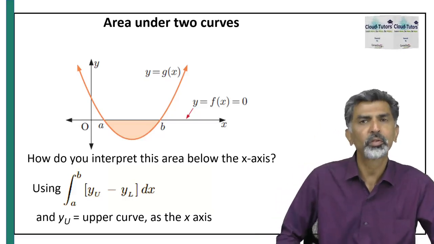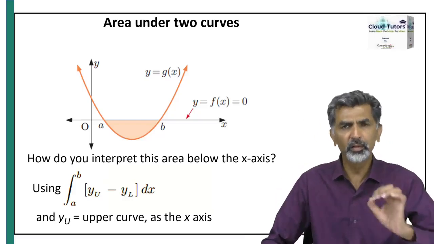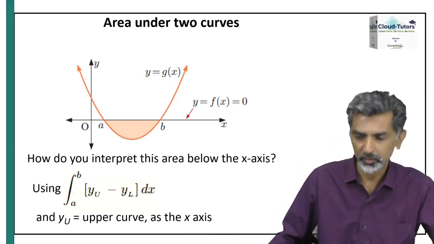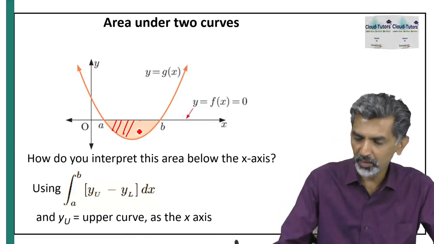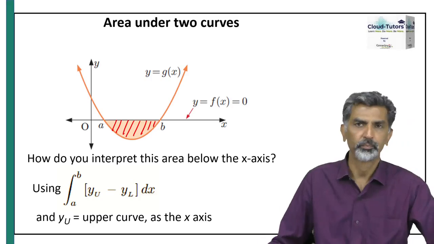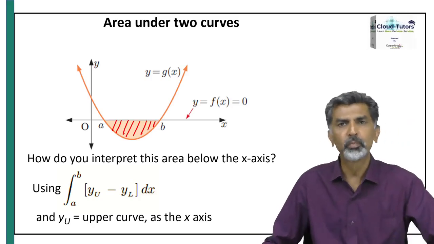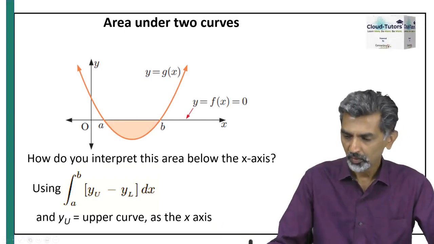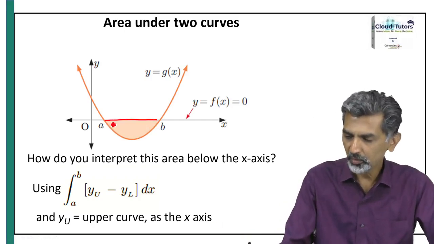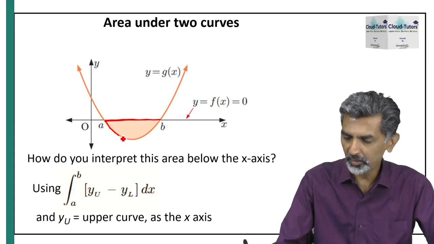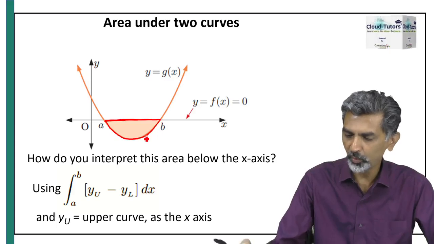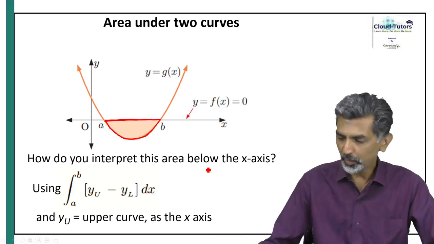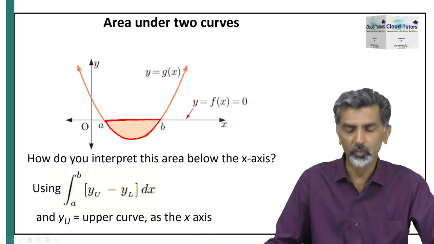What about a situation like this? It's a little different, and you will see why. We are interested in finding out the region here. Let's apply the same approach that I have described to you earlier. In this particular region, I will highlight the boundaries in red so it's very clear. Well, x is going from a to b, that is obvious.